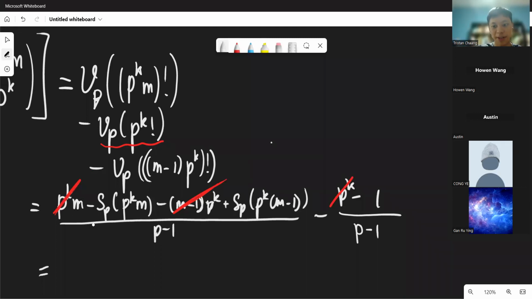Like how if you multiply by 10, you just add a 0 at the back, because we are working in base 10, obviously. But in base p, it's the same thing. So this is just S_p of m, and then plus the sum of digits in base p of m minus 1. And then of course a plus 1 here.